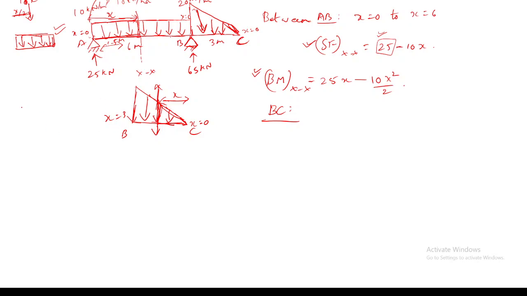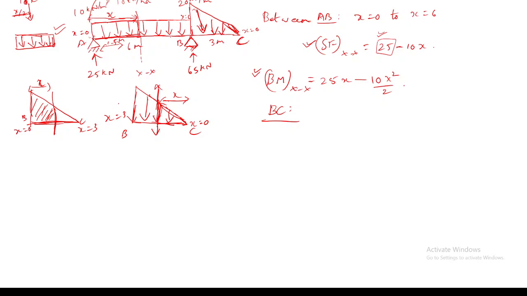Whereas here, if I take x equals 0 and x equals 3, and this is point B, this is point C, and I take a cross section at a distance of x, then what should I calculate? The area of this trapezium, right?